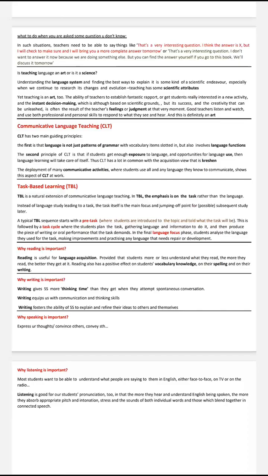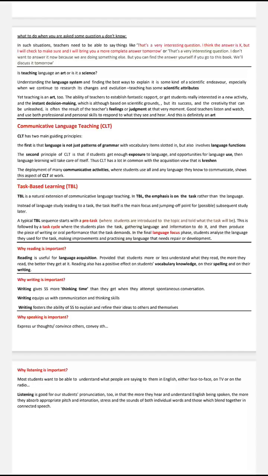Why is speaking important? To express your thoughts, convince others, and convey ideas. Why is listening important? Most students want to be able to understand what people are saying to them in English, either face to face, on TV, or on the radio.